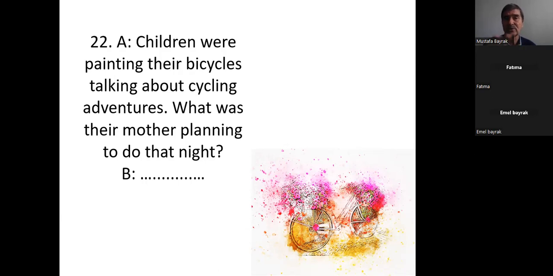But the best form, the shortest, practical form is: children were painting their bicycles, talking about cycling adventures. Or children were painting their bicycles using green and brown colors.